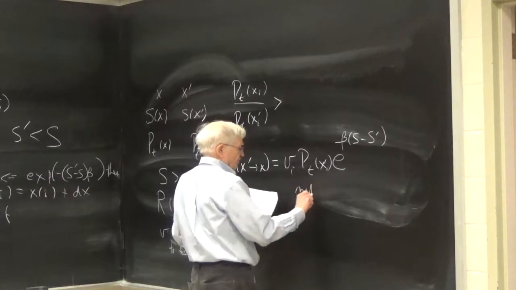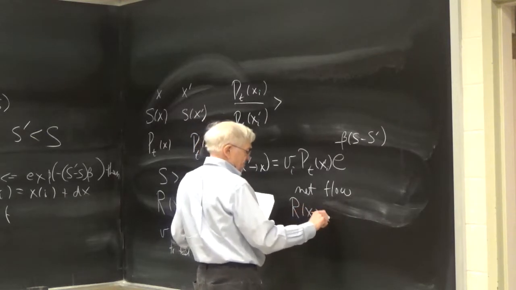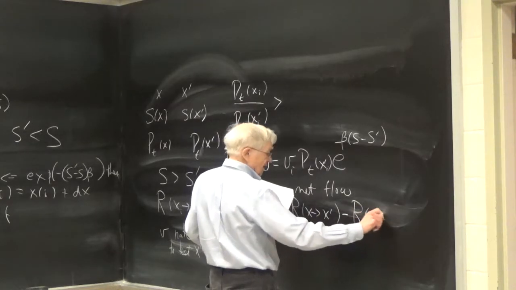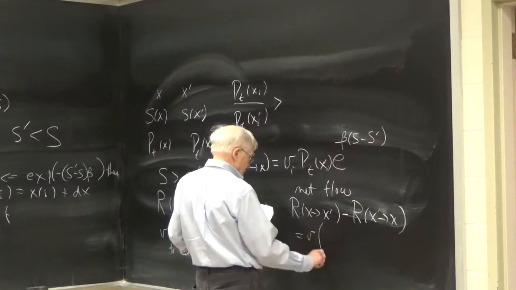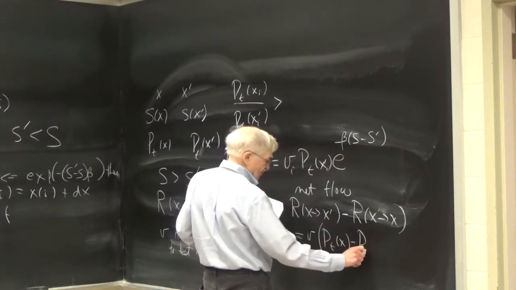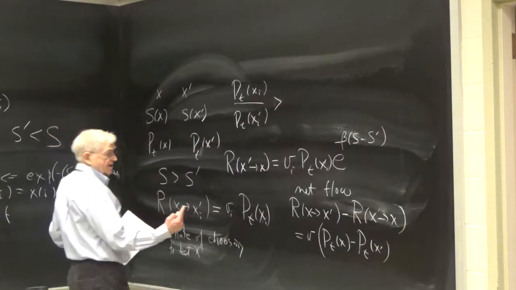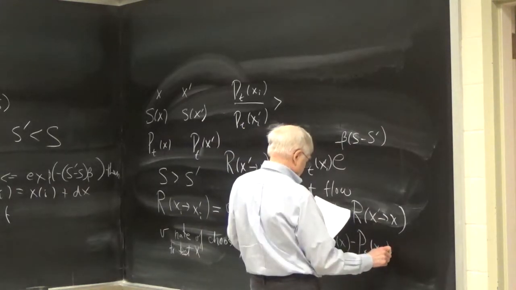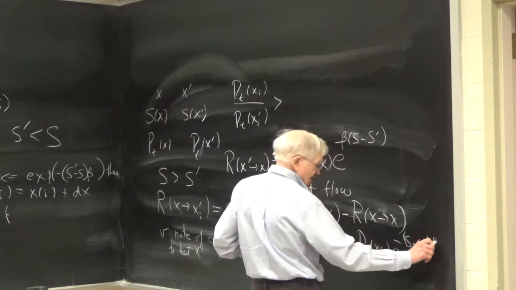The net flow of probability would be r of x to x prime, let me leave out the i's, minus the rate from x prime to x. This is the rate of choosing, times the probability of being at x minus the probability of being at x prime, but this is going backwards, and this has this other number here, so this has e to the minus S prime times beta.